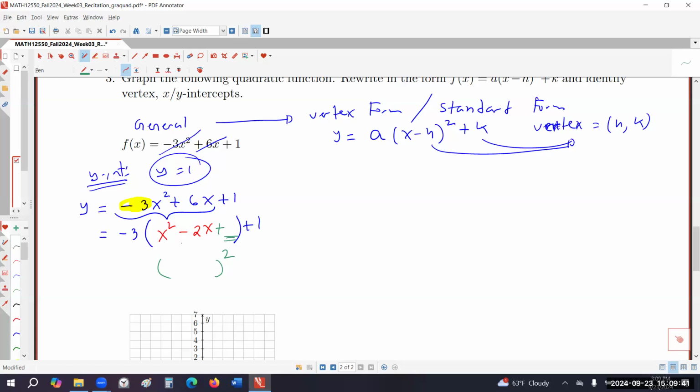The rule says all you have to do is whatever you have, divide that by 2. So you get -1, right? So we add this -1 with a square, and we subtract the same amount with a square.